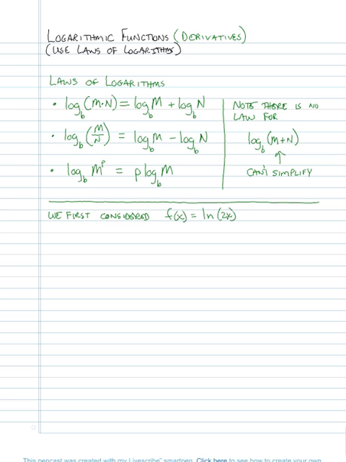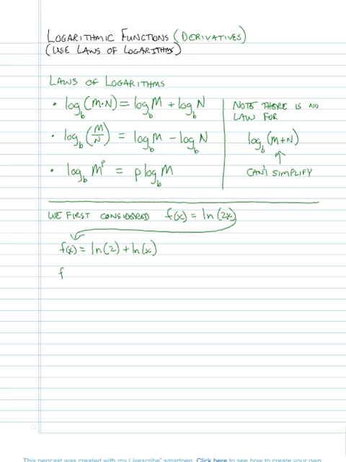And very specifically right here, the first law applies, because 2 times x is like an M times N. So what we could say is, look, we can use law number 1 above, the log of a product is the sum of logs. That is, we could take the logarithm of the first factor, 2, and add the logarithm of the second factor, x. Okay, and now that we've done that, here's how we would find the derivative.